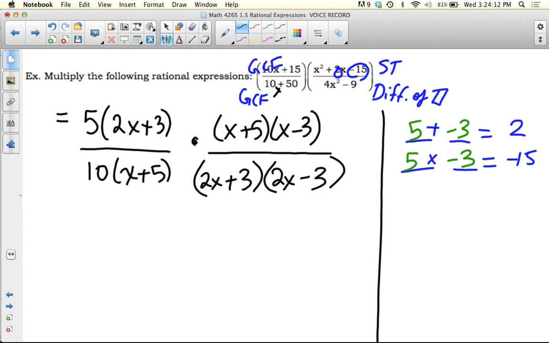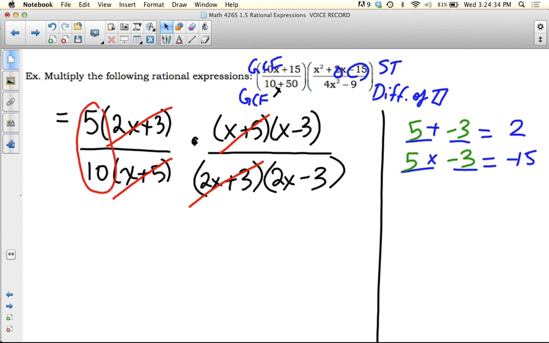Okay? All right, so now, having a look at what we've got here, we can just start slashing. So let's look for some common factors. We have 2x plus 3 and 2x plus 3. That goes. We have x plus 5, that goes. And we also have 5 and 10, which can reduce. 5 over 10 can reduce down to 1/2.